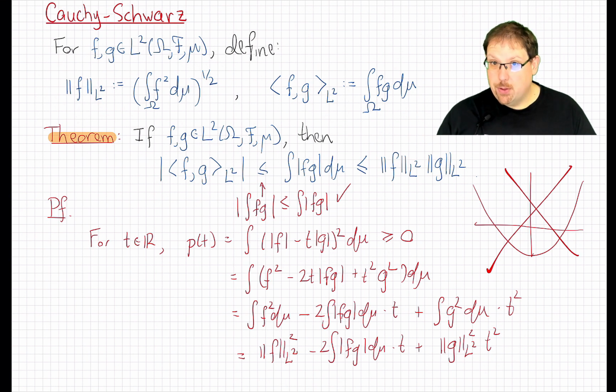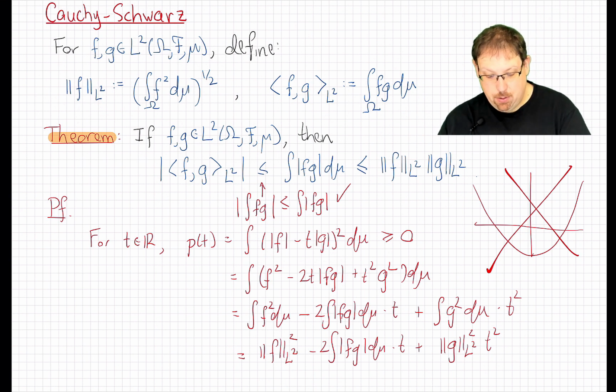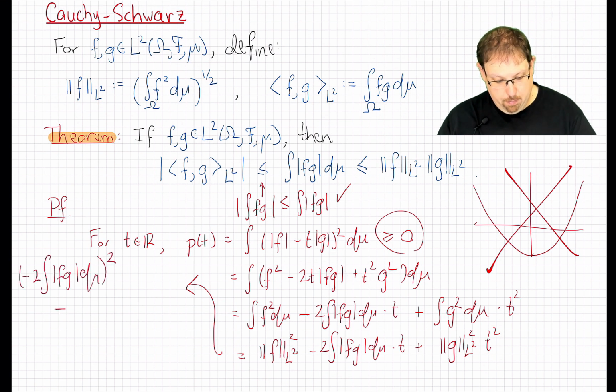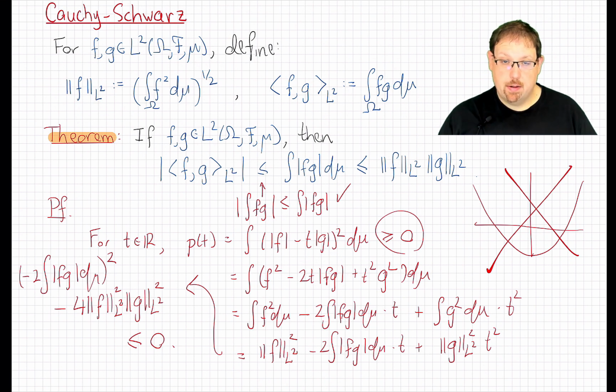Well, we know from the quadratic formula how to decide when that happens. The fact that this is a non-negative quadratic polynomial tells us that the discriminant of this quadratic is non-positive. The discriminant is b squared minus 4ac. And that has to be less than or equal to 0.